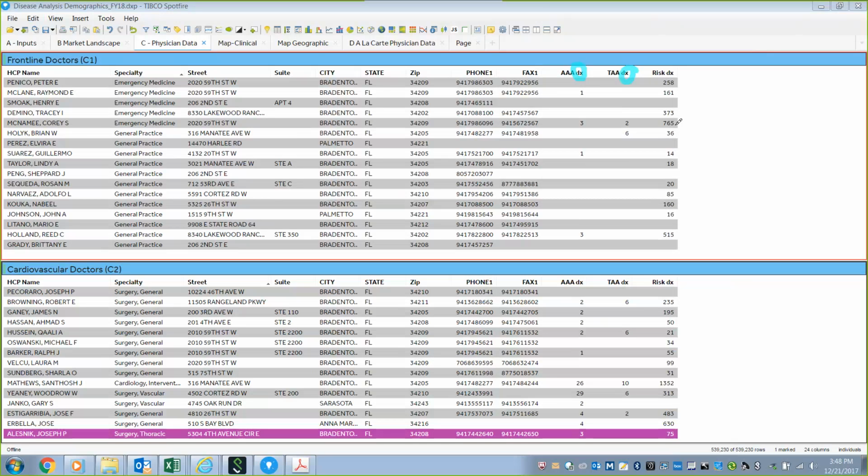ICD-10s can be very specific, so it can be an abdominal aortic aneurysm with rupture, or an abdominal aortic aneurysm without rupture, or a thoracic aneurysm with hematoma, or a thoracic aneurysm with a penetrating ulcer, or with dissection. So we chose all of the ICD-10 codes associated with AAA and all the ICD-10 codes associated with thoracic aneurysms, and that's what these groupings mean. So these are the claims of patients with those diagnoses.